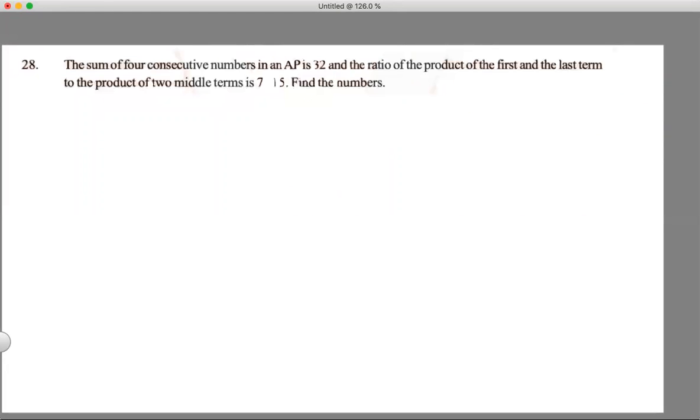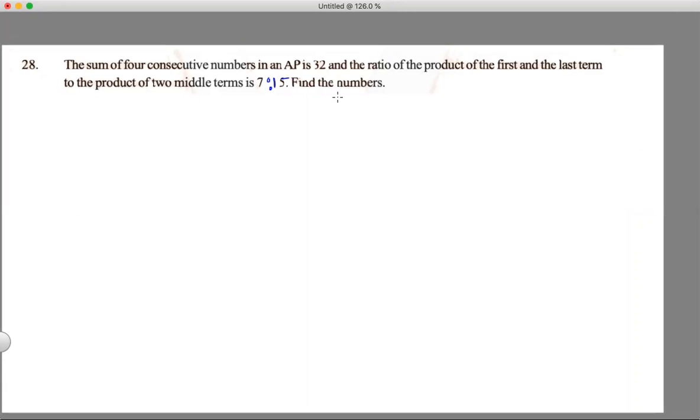Okay, let's do this. The sum of 4 consecutive numbers in an AP is 32, and the ratio of the product of the first and the last term to the product of the two middle terms is 7:15. Find the numbers. How will we do this?